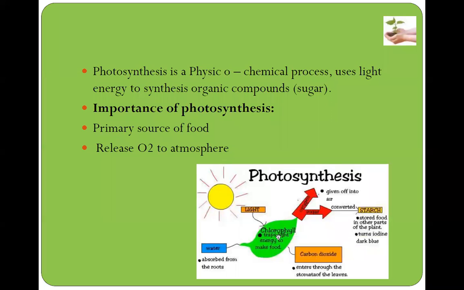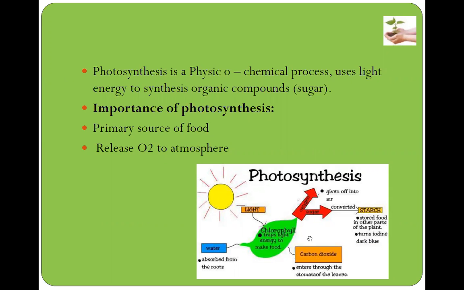So for carrying out photosynthesis, it needs first light, second water, and third carbon dioxide. When the three of them are present in the presence of light, this chlorophyll traps the light energy and it produces the food, right?